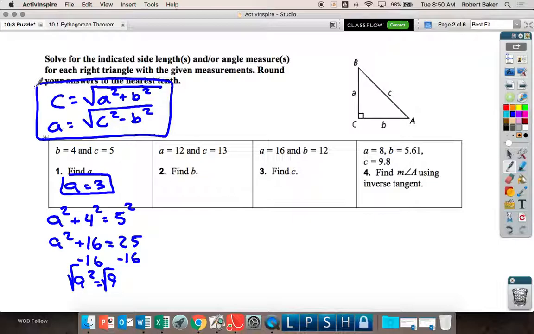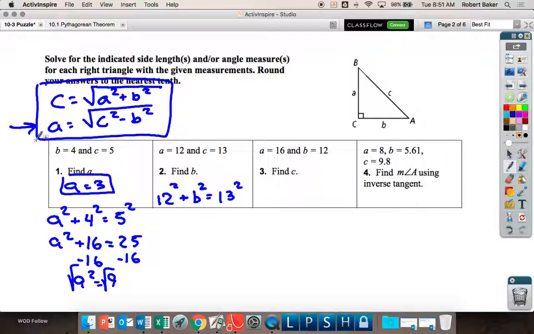What do we do for the first one? Pythagorean theorem. So I have a squared plus b squared equals c squared. Because I'm solving for a leg, I can use this one right here.